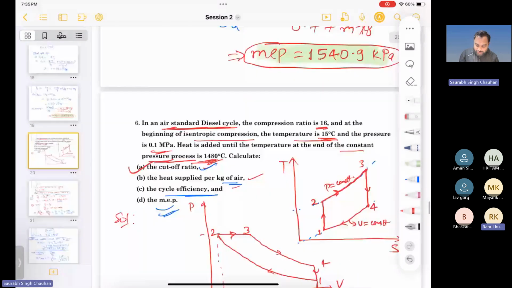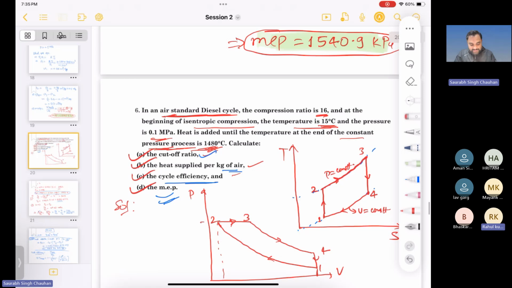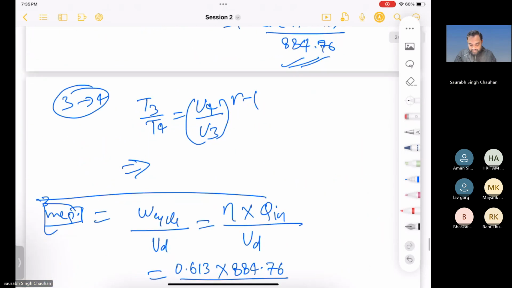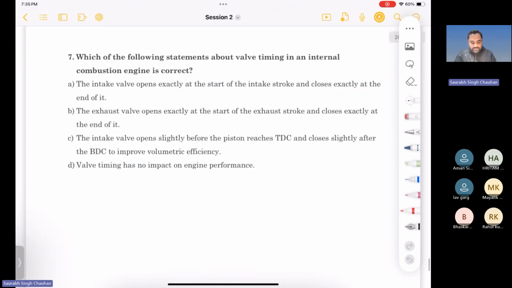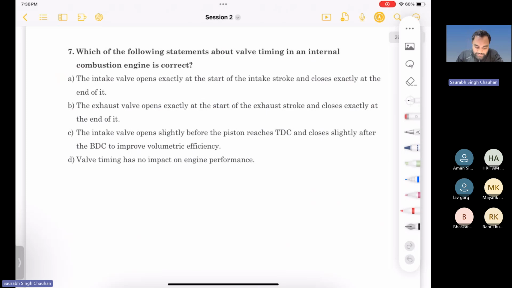Okay, so we have got cutoff ratio, we have got heat supplied per kilogram of air, we have got cycle efficiency, and also we have calculated the mean effective pressure. So this is how we can proceed. There is one more question. Which of the following statements about valve timing in an internal combustion engine is correct?